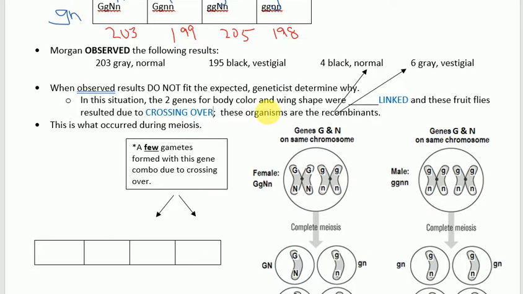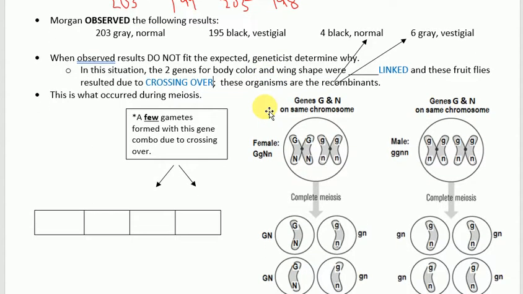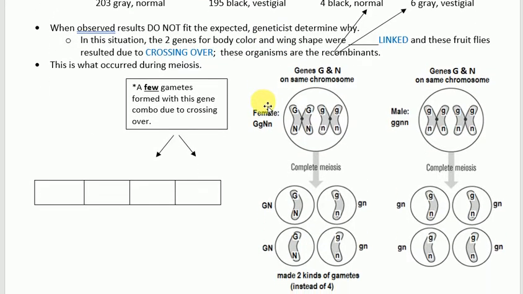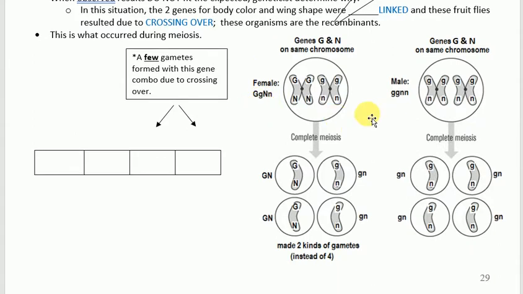So this is basically what we're looking at that occurred during meiosis. So basically you ended up with a crossover right here, and that gave us, let me see here, get my pen ready.